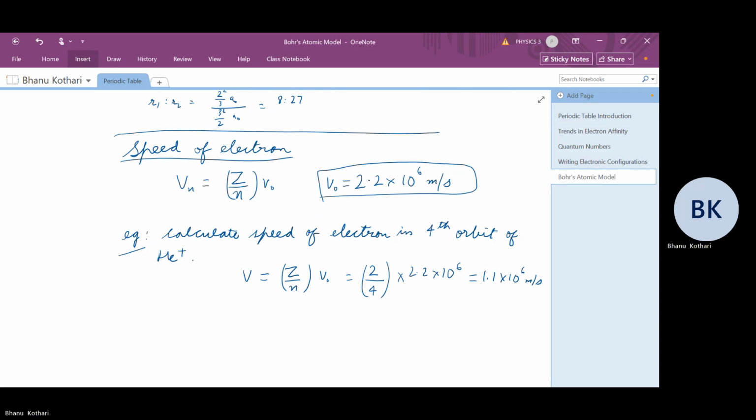Next thing is to determine the energy of the electron. Okay.